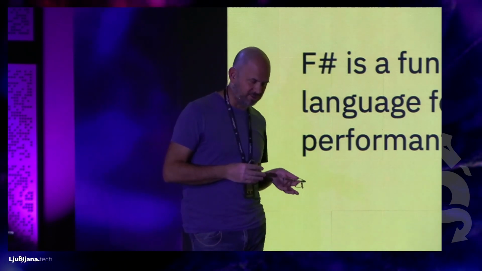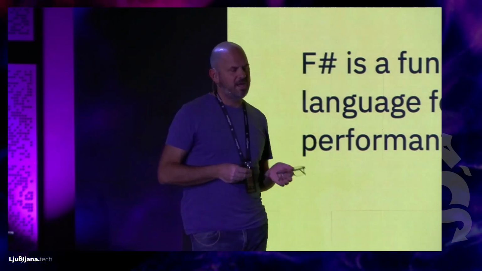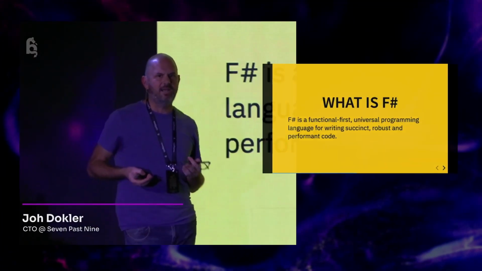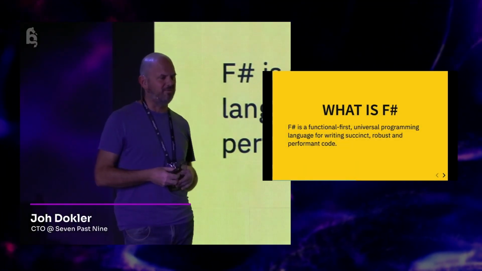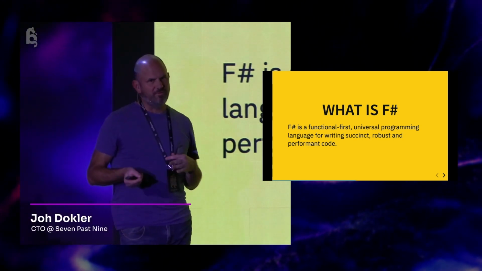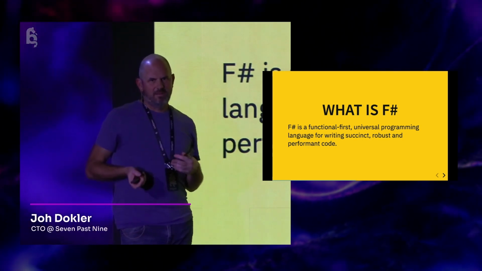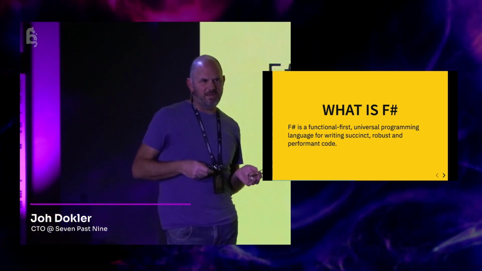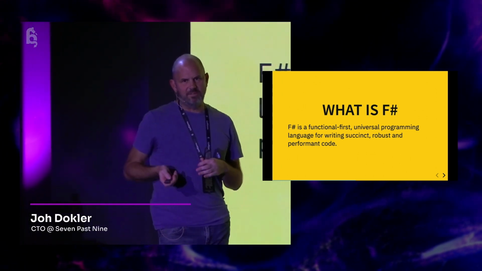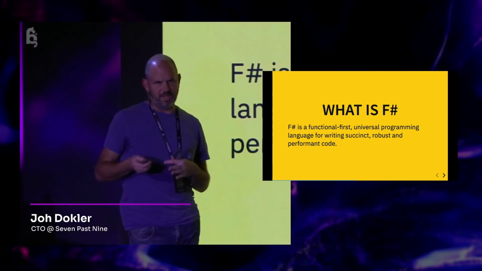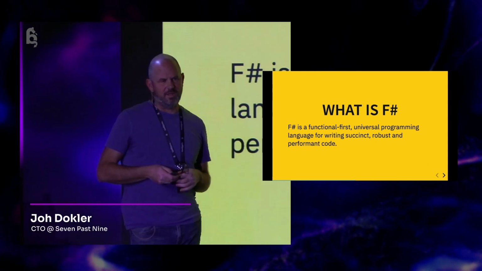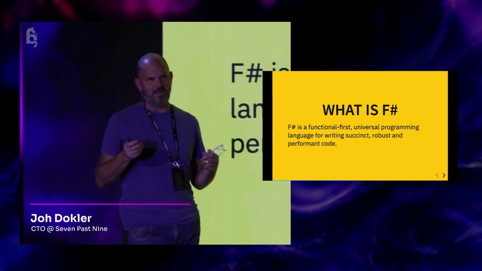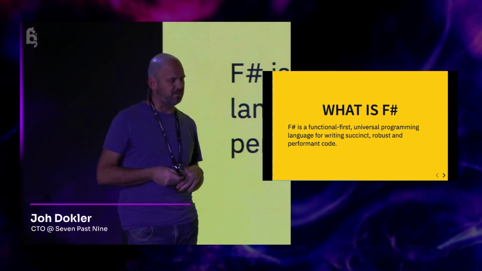It is a functional first programming language, which means that it has a certain style of programming which more resembles how you think when you're doing math, than what you might be used to when you are writing code in more imperative programming languages like JavaScript or Java or C#, and so on.